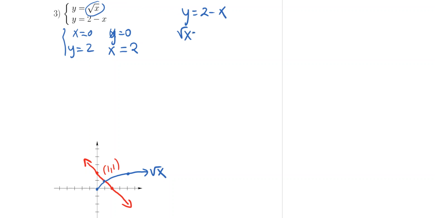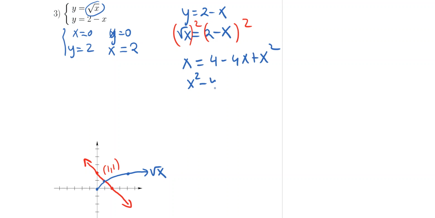So I have square root of x equals 2 minus x. And remember how to solve this. We square both sides. Square root of x squared is x. And then I have 4 minus 4x plus x squared. So then x squared minus 4x plus 4 equals x.